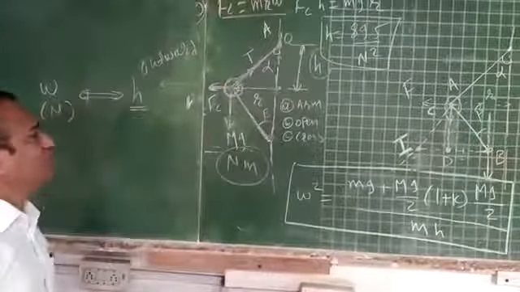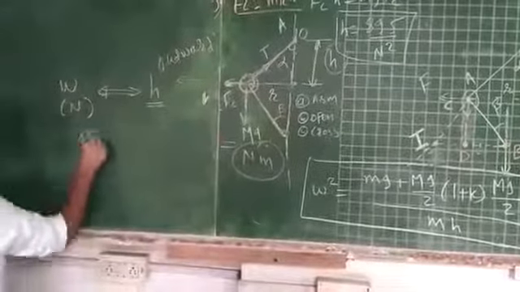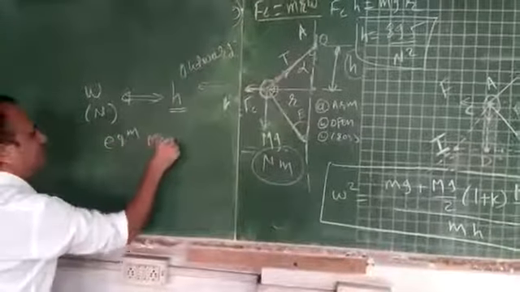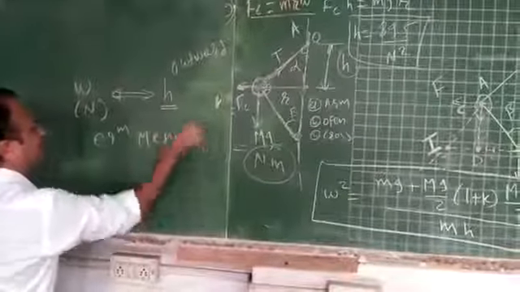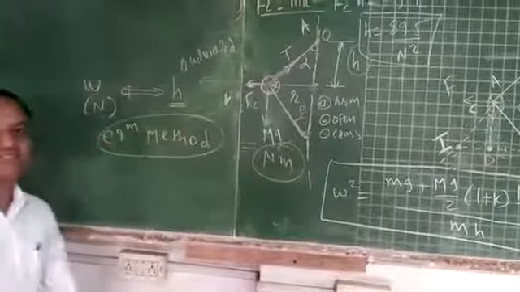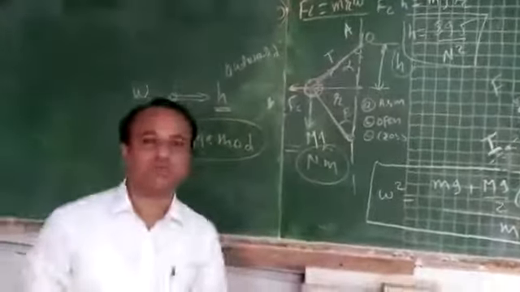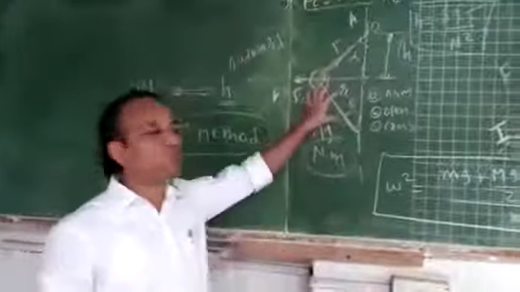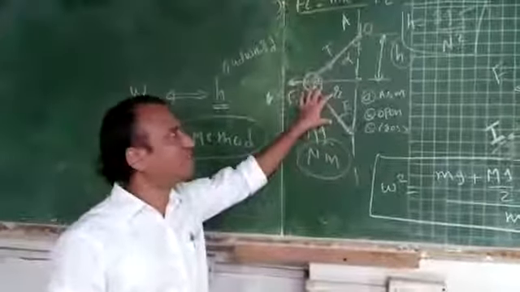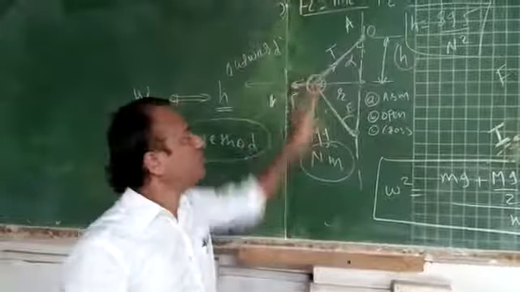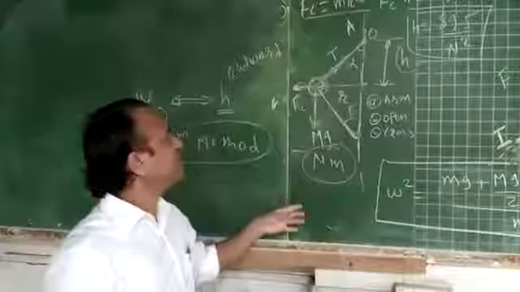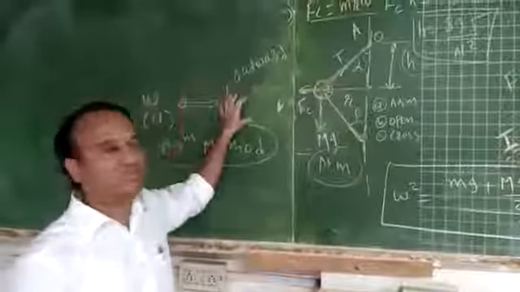Now, by using the equilibrium method, so in engineering mechanics, you already studied the resolution of forces. To resolve the forces along x and y direction, you will get the relation between speed and height.